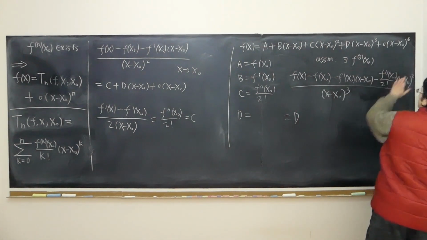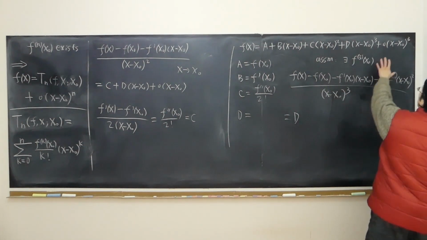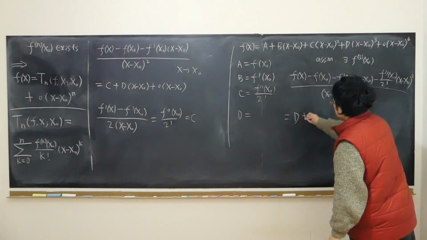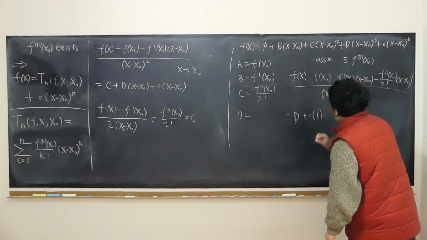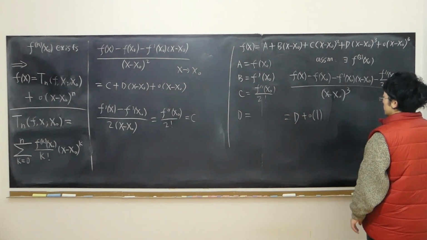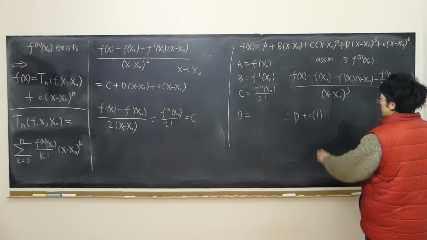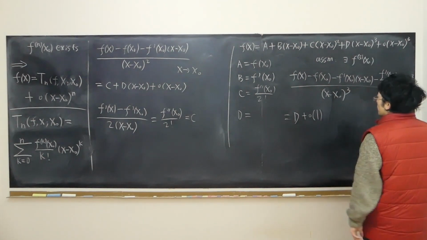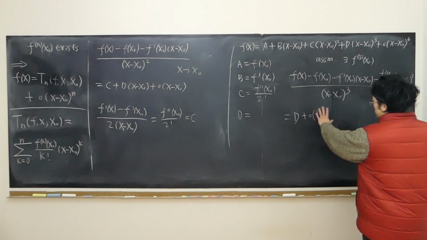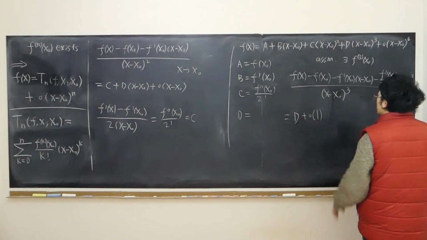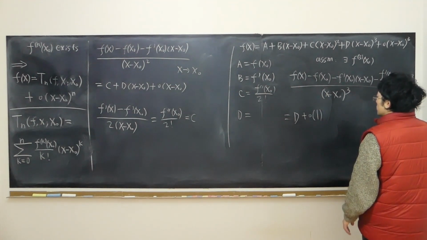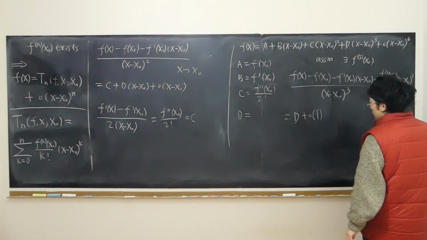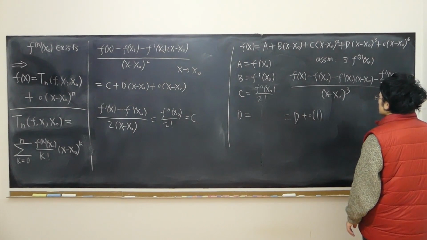And this divided by this is just little omicron of 1. Little omicron of 1 easily approaches 0, because it means this quantity divided by 1 approaches 0 as x approaches x naught. So this is infinitely small. Don't worry about that. We just need to find the value of d. Likewise, we let x approach x naught.